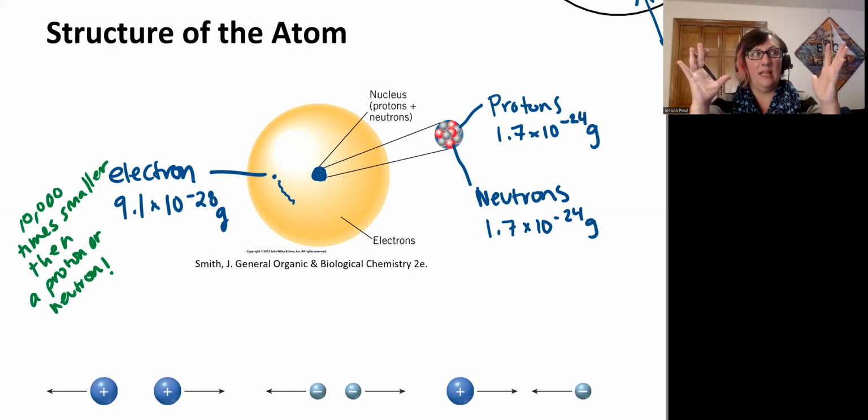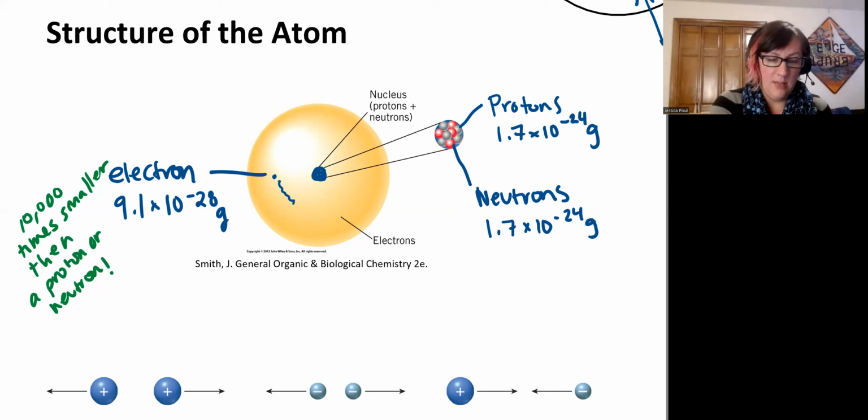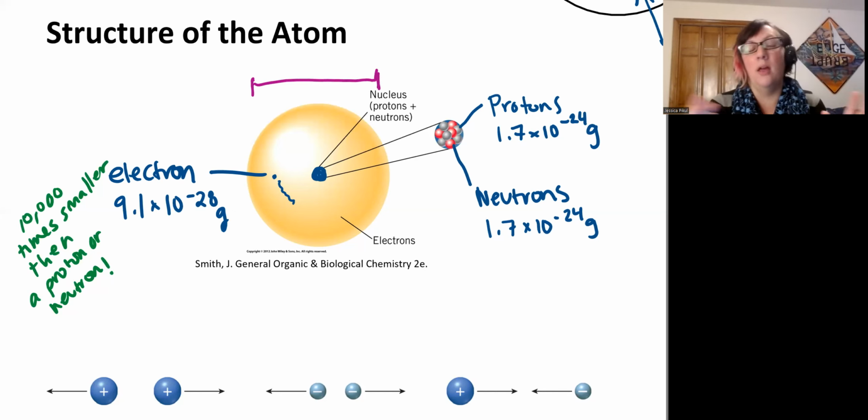But now let's think about how much space they take up. All matter takes up space and has mass. If we think about the overall atom, on average, every atom's different, some are much smaller than others, but we could say that the amount of space the electron cloud takes up is about 10 to the negative 10 meters.